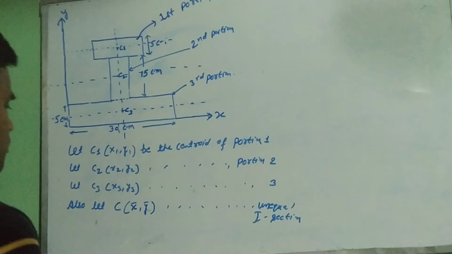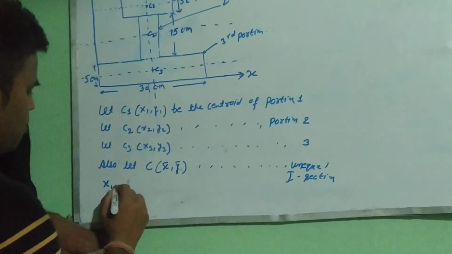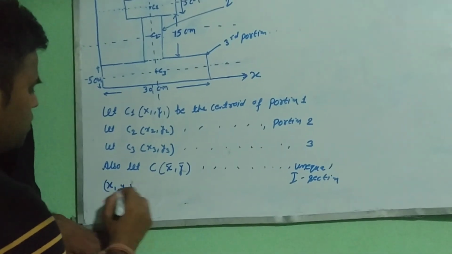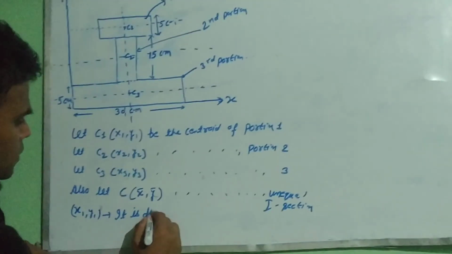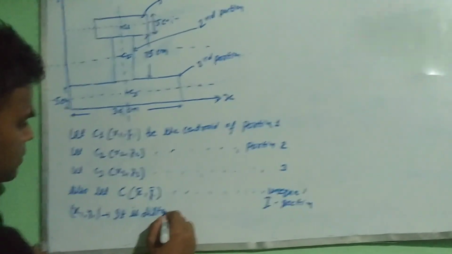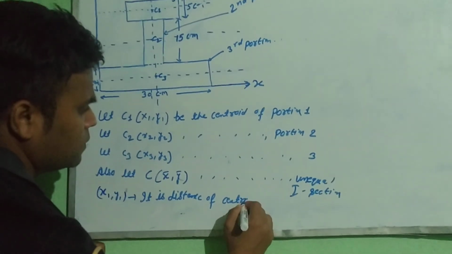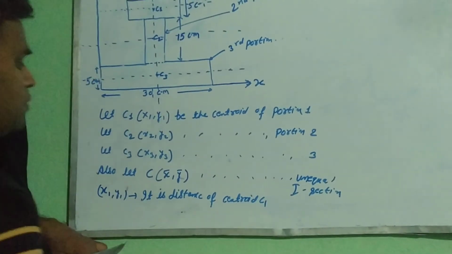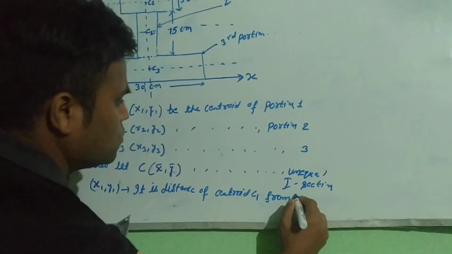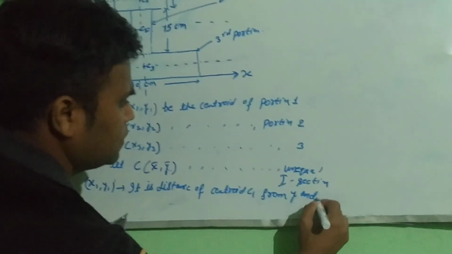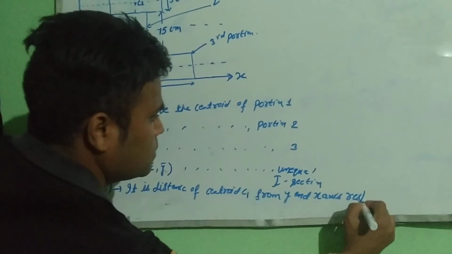Then here x1, y1. What is this? It is the distance of centroid C1 from the y and x axis respectively.